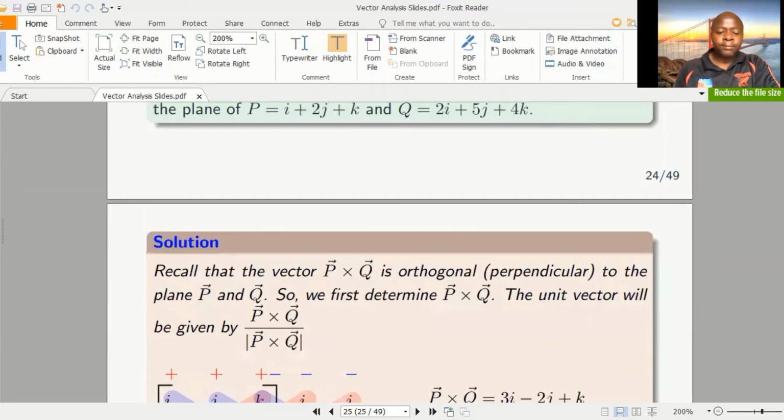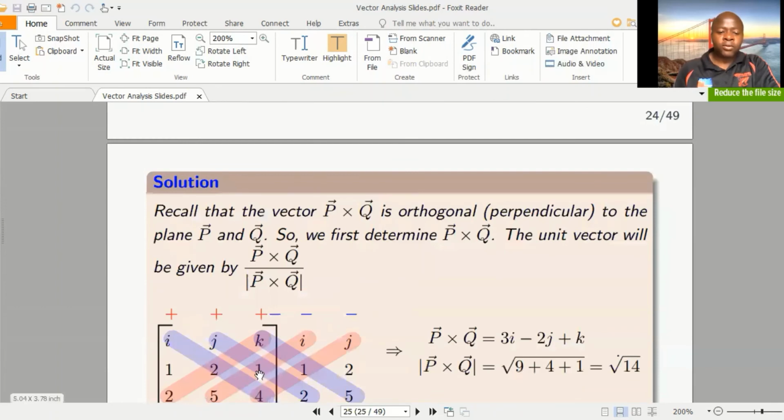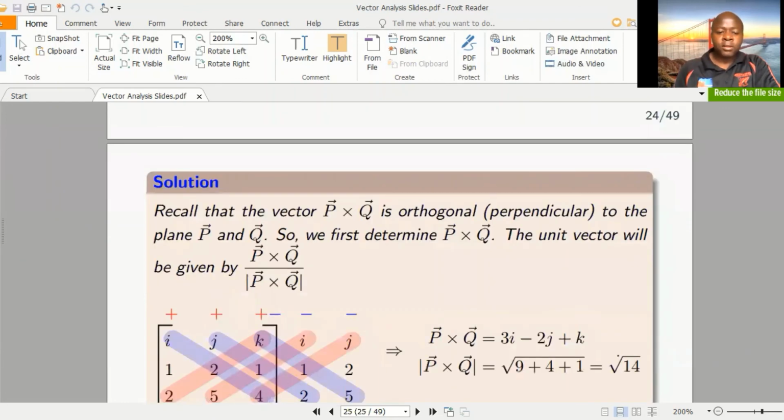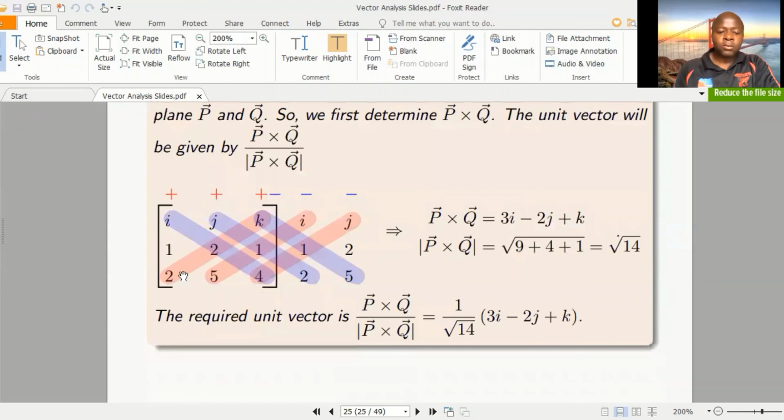1, 2, 1 for P. And 2, 5, 4 for Q. Let me see. Yes, 2, 5, 4. And then, as we said, we take these two columns and add them here.